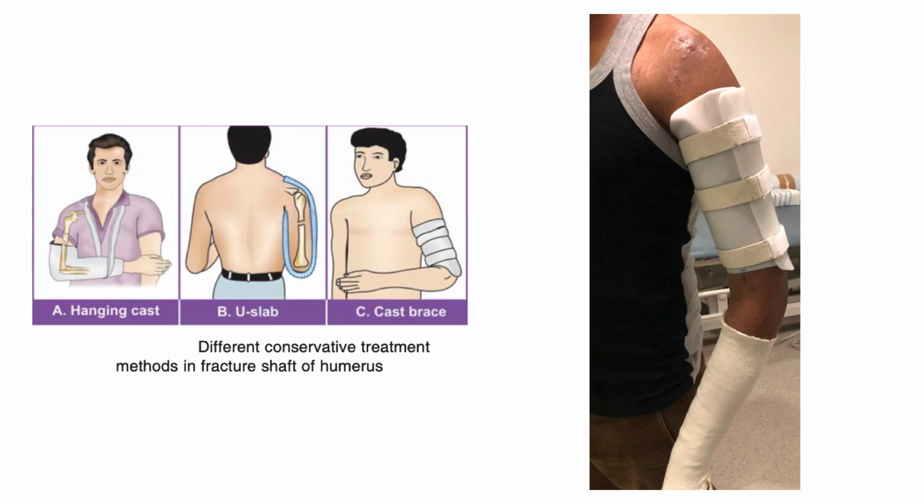If you see here, it has an L shape, so it is not possible for an individual to remove it and put it back. Because of the certain shape and arrangement, this particular cast is formed. This gives complete immobilization of the limb, and because of that, healing is assisted.